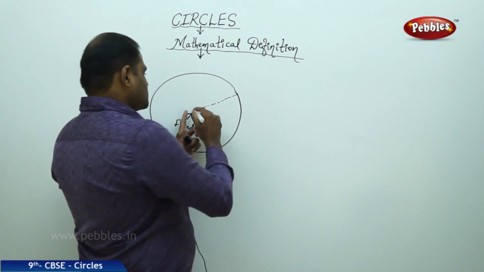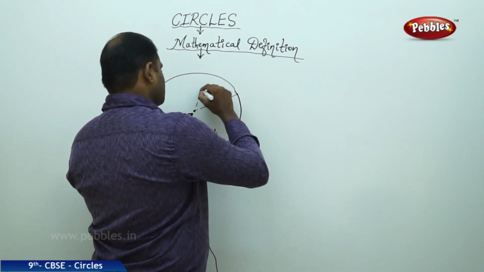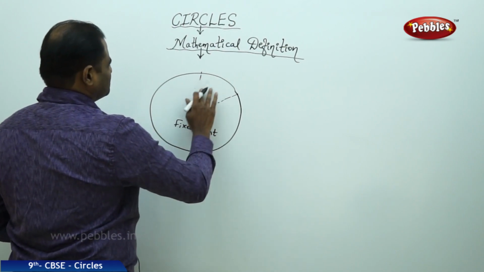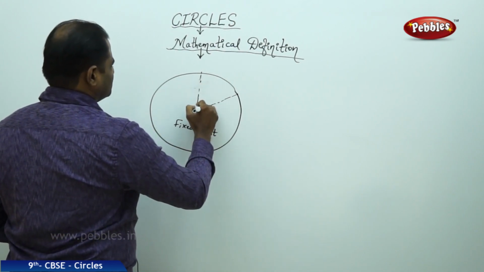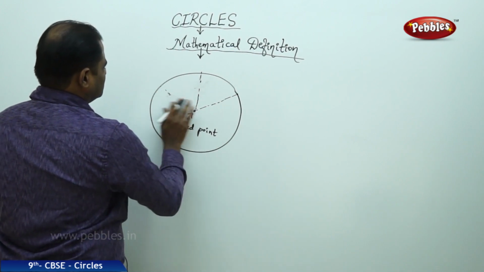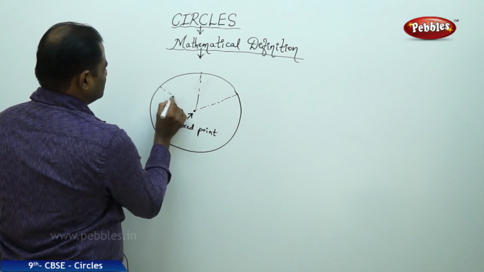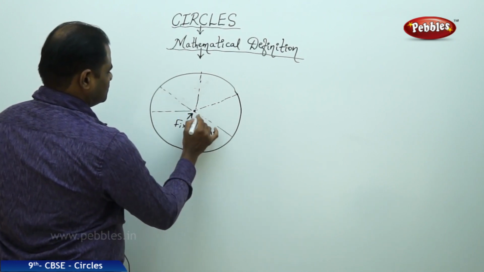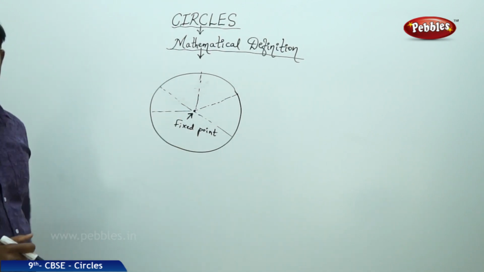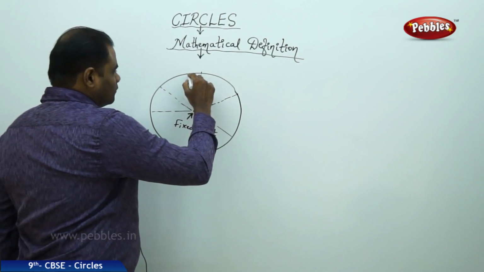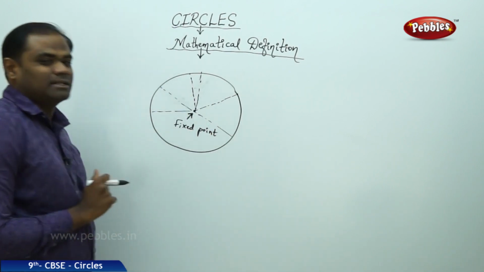That is, the distance I measure here and the distance I measure here, or the distance I measure the other side, throughout the circle, I see that all the distances I measure will be at equal distances.